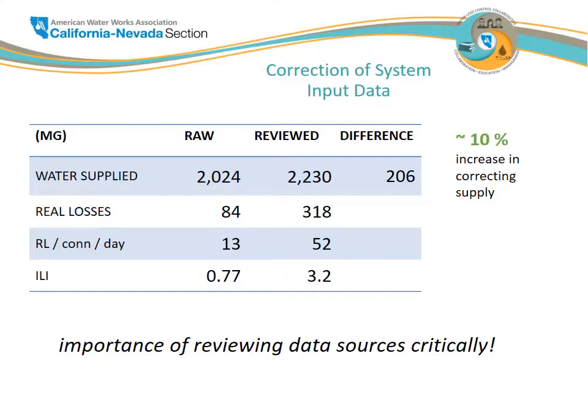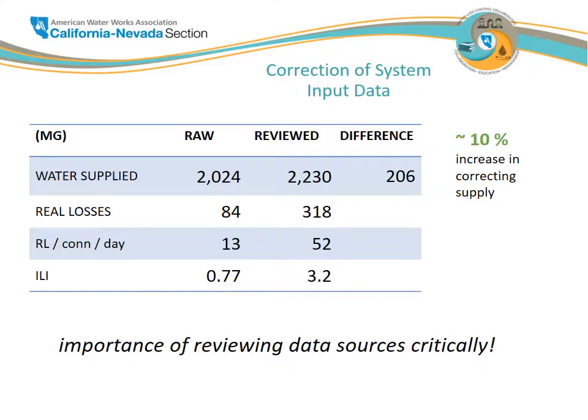In adding 200 million gallons for my assessment of water supplied, you're directly impacting your assessment of real losses. Remember, this is a process of deduction, so if I add more volume to my water supplied volume without changing any of my assessments of authorized consumption, then I'm going to be directly impacting and increasing my estimation of real loss.